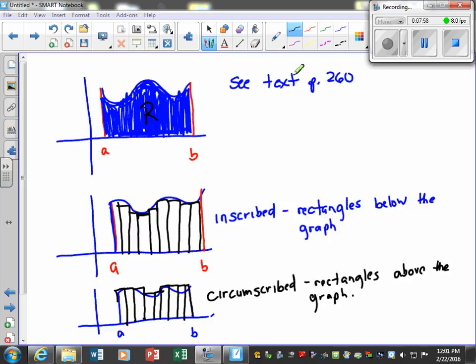Okay, so these are really bad examples of the drawings in your textbook, but if you want to look at the region, this is on page 260. This is the exact area under the curve.